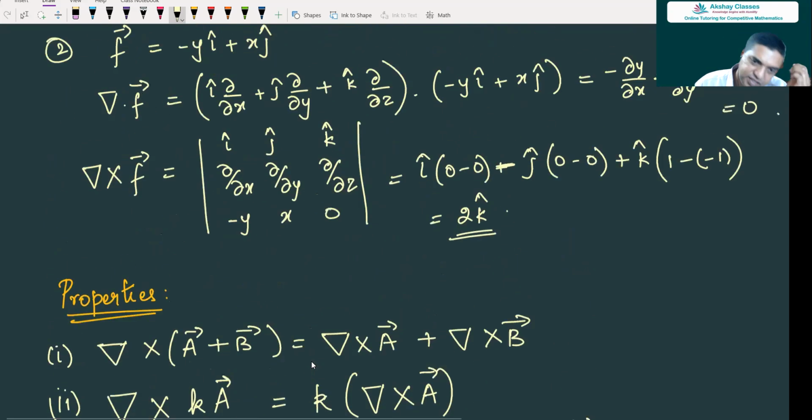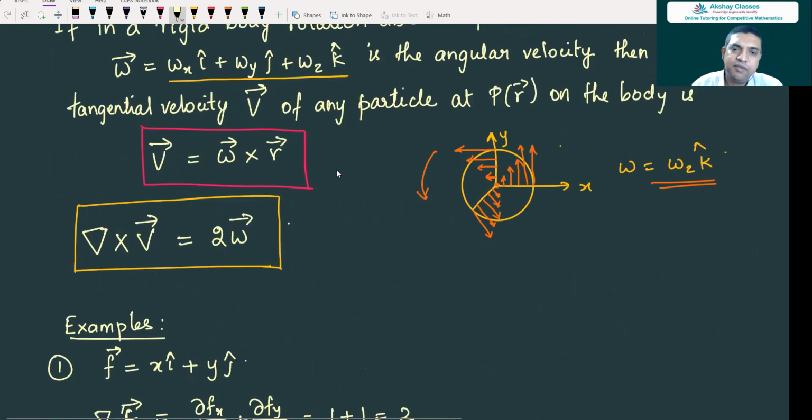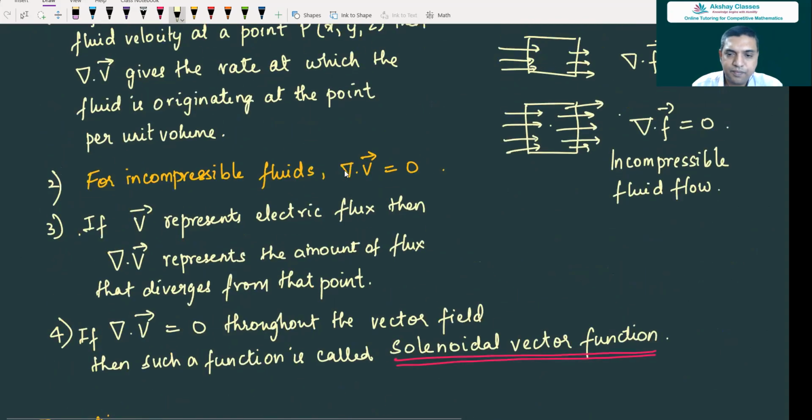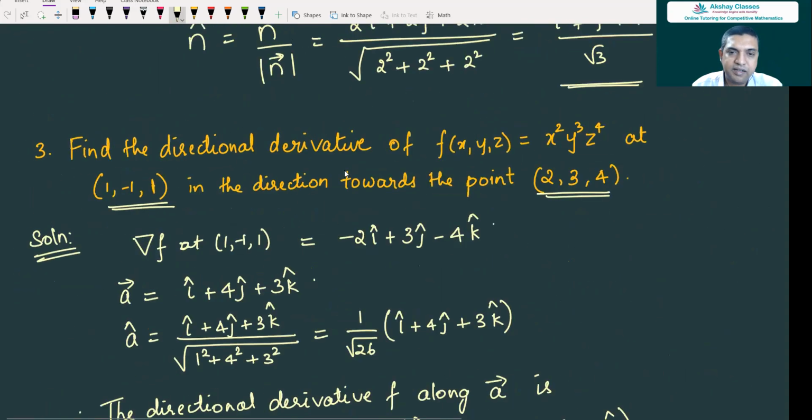Previously, we said for a conservative vector field, we can write the vector field in terms of the gradient.